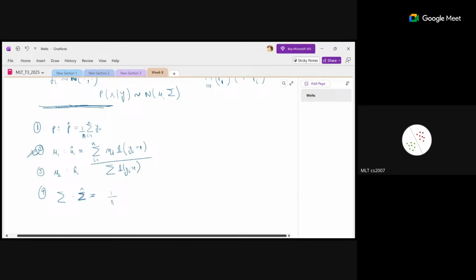So this turns out to be 1 upon n, we are going to have xi minus mu hat of yi, and xi minus mu hat of yi transpose.